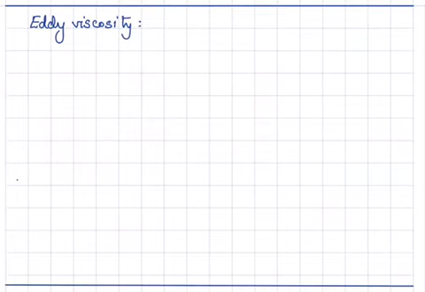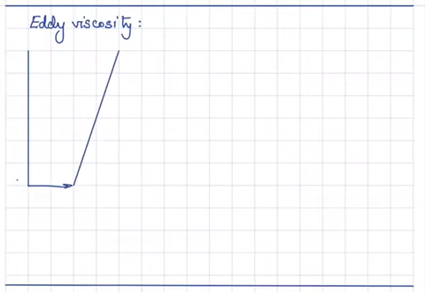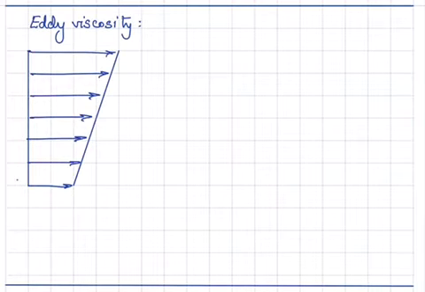Okay, here we again go back to the picture which shows the analogy between turbulent mixing and molecular mixing. We are looking at a part of a boundary layer which has a velocity gradient of this kind, and the velocity gradient is du dy.